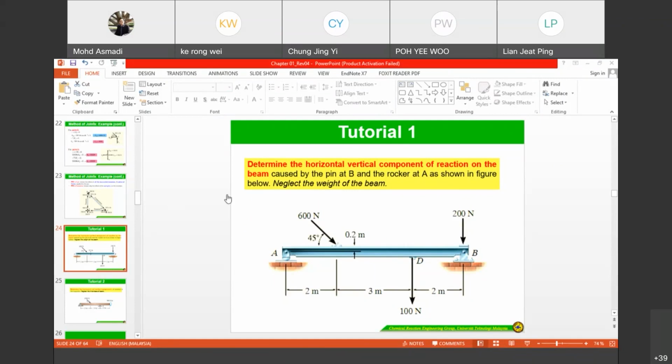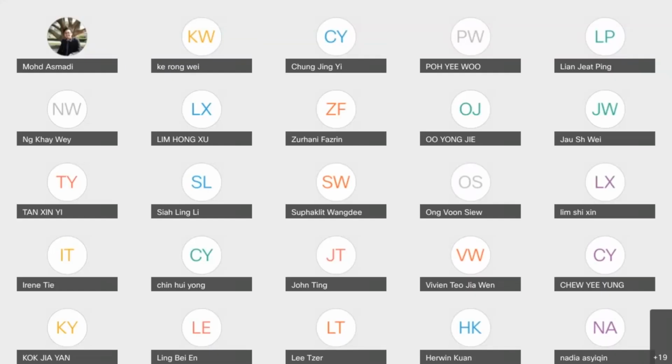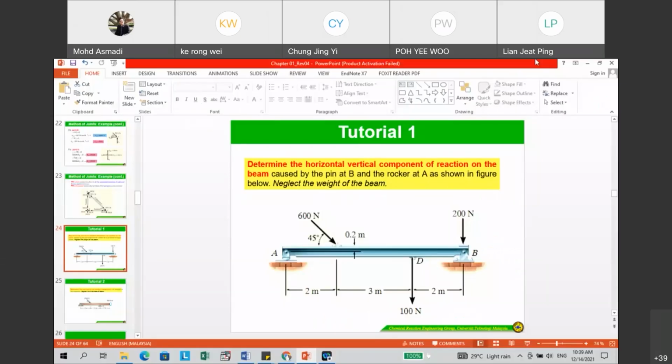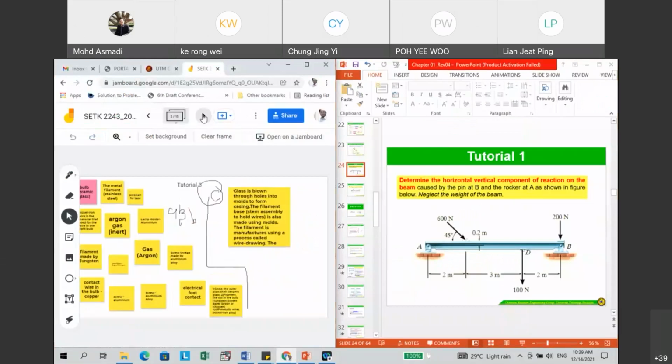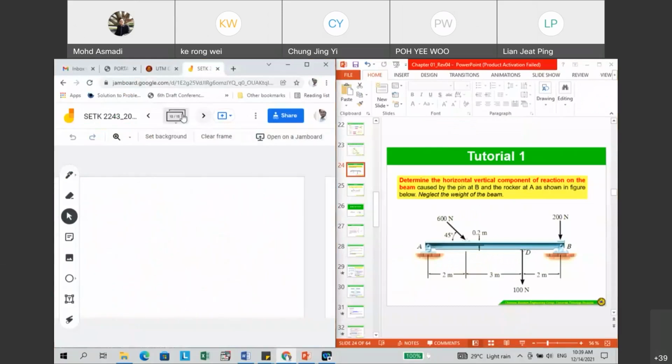Take one SKTK2243. Yeah, I hope that you can see this one. Page 14.